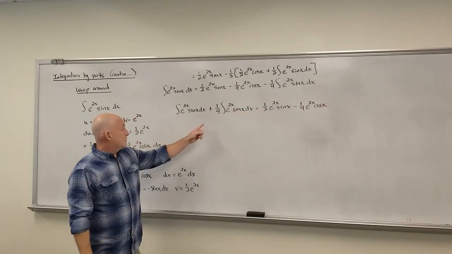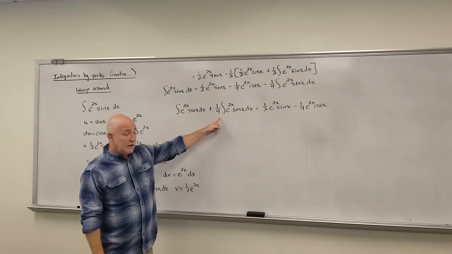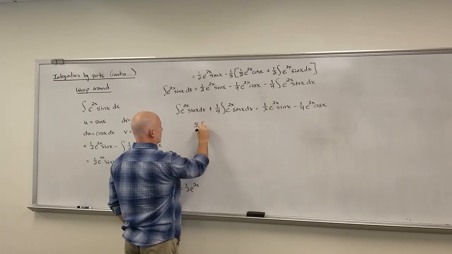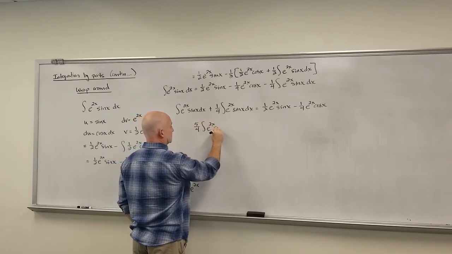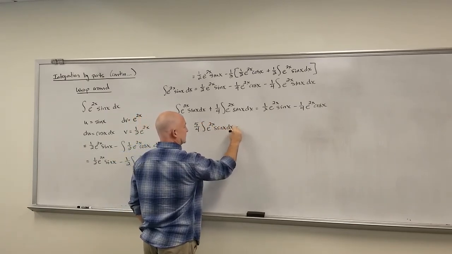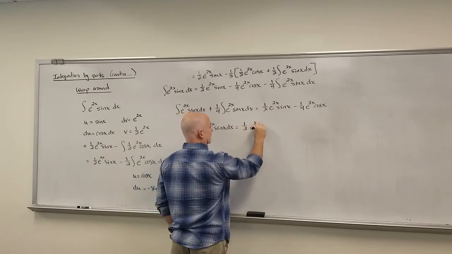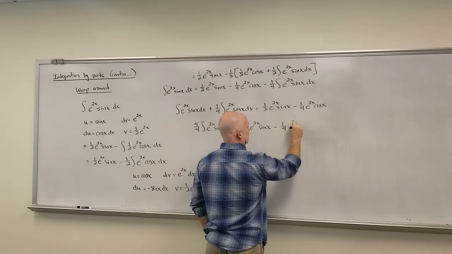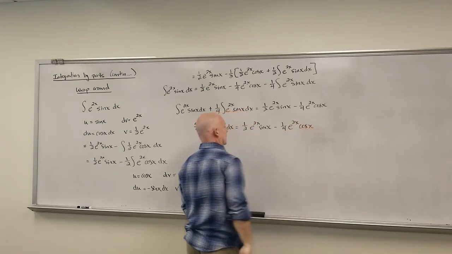Now these are like terms, right? Here I have 1 and here I have 1/4, so 1 and 1/4 would give me 5/4 integral e to the 2x sine x dx equals 1/2 e to the 2x sine x minus 1/4 e to the 2x cosine x.